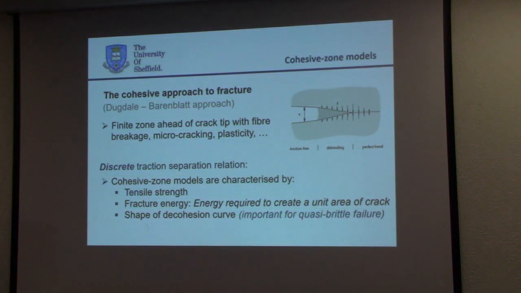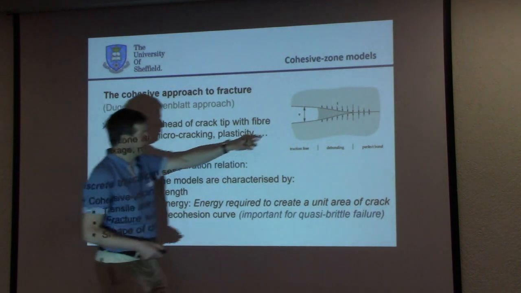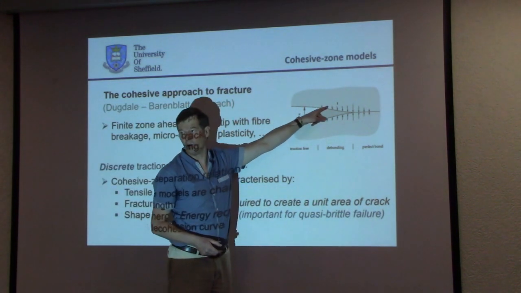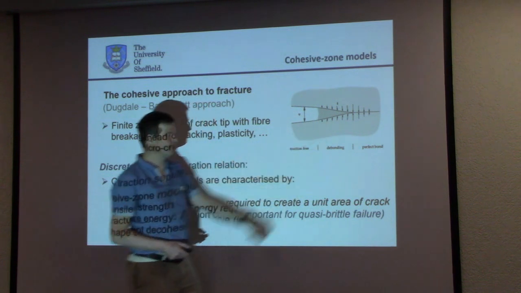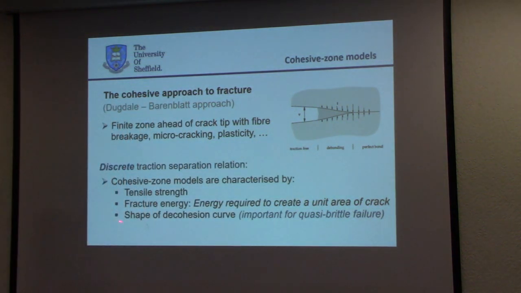So GC is now a function of the crack opening and is released gradually. Therefore, also the shape of the decohesion curve becomes an important parameter.